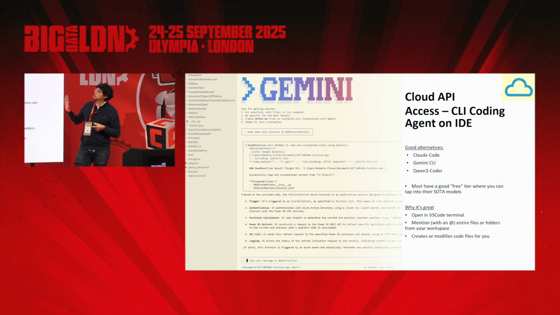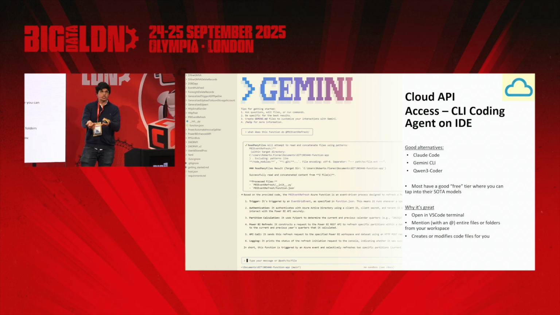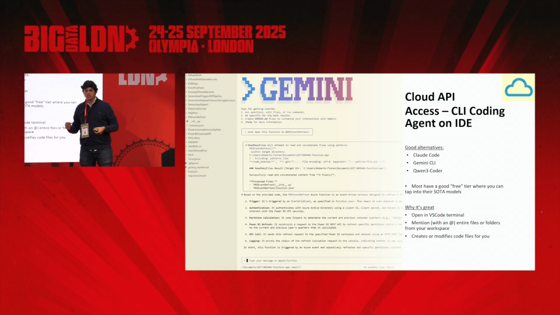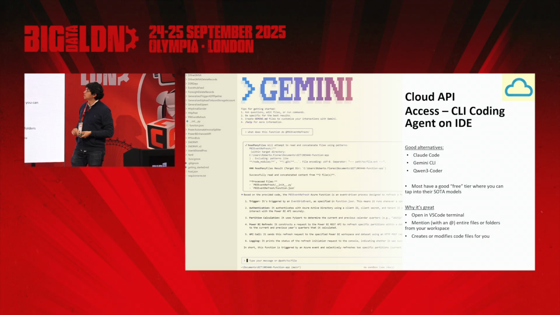So when you're doing the API route, it's always good to leverage things like Gemini CLI that has a free tier, and be very careful, because I've seen it many times that people lose track of the pay-per-token mechanism and end up with a big bill. And this is a way to mitigate it.